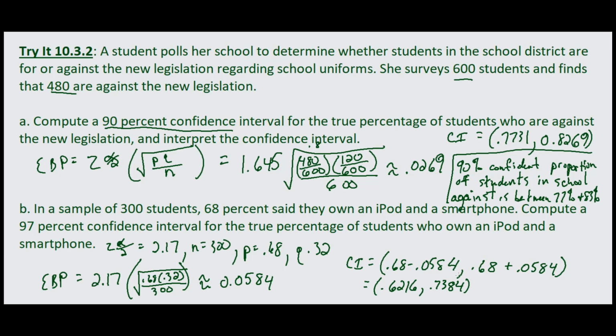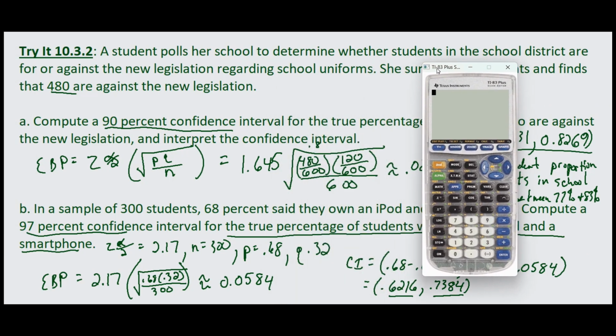And in context, what that means is the true percentage of students who own an iPod and a smartphone, we are 97% confident that it's between 62.16% and 73.84%.